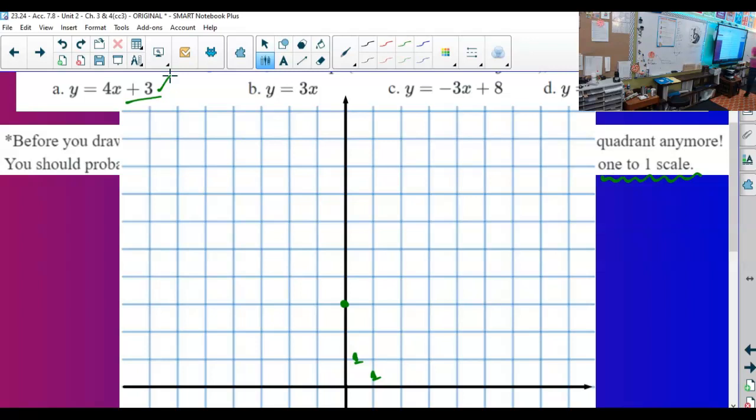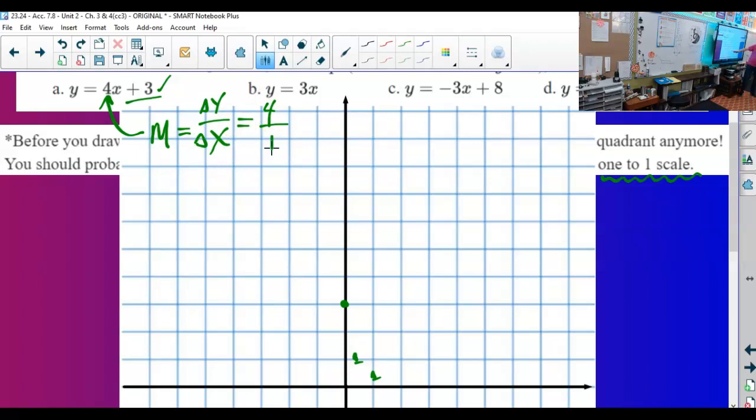Which is okay. But stick with me, everybody, because if you went the Hannah way, that's fine, but I'm trying to give you a shortcut without needing to make a table. This, we know, is our M. M is our change in Y over change in X. And 4, as a fraction, is 4 over 1.